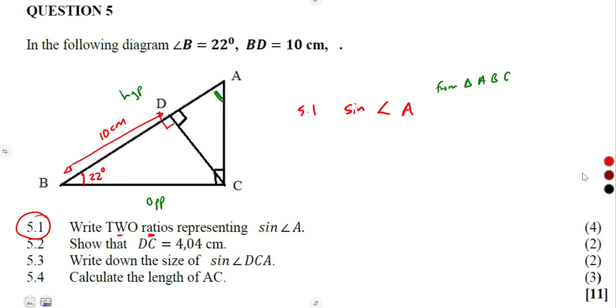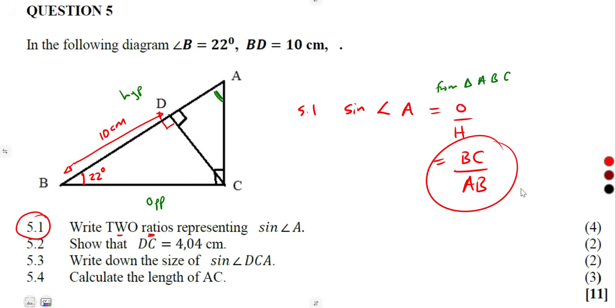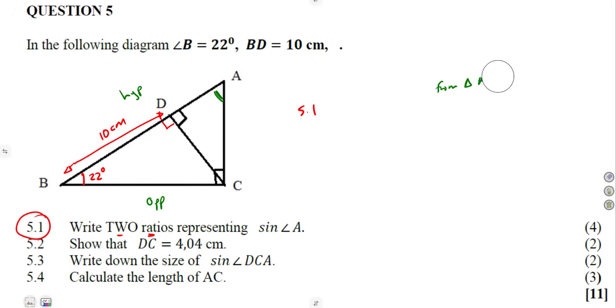Remember, sine is opposite over hypotenuse from our SOHCAHTOA concept. So the opposite of A is BC over the hypotenuse, which is AB. We took it from the outer triangle ABC, the whole of that triangle. So this is the first trig ratio, because they said 2 of them.